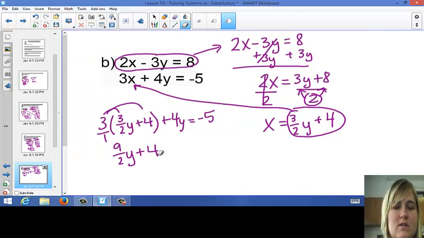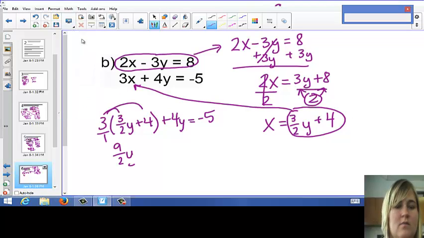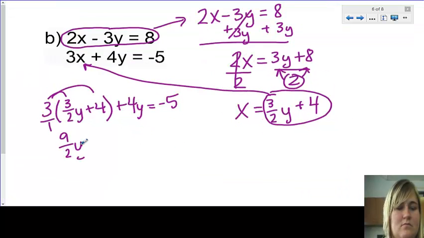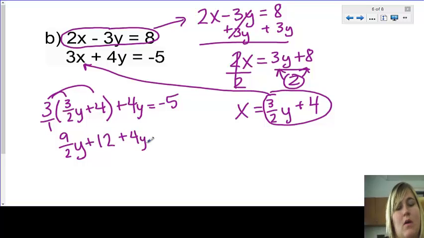Let me fix that. Plus 12 plus 4y equals negative 5.